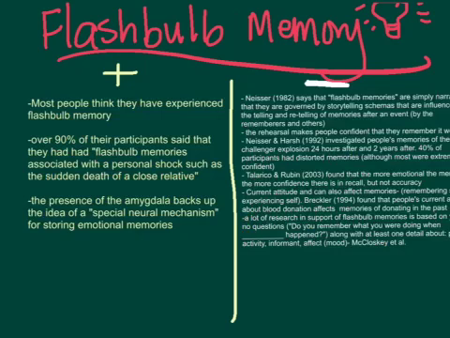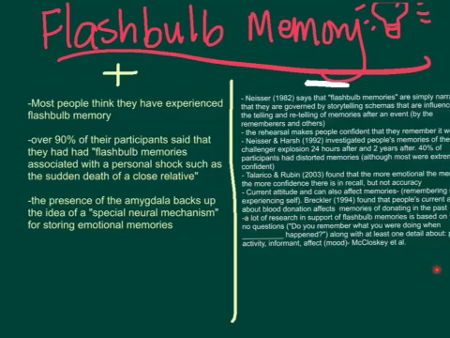Lastly, in a study done by McCloskey et al. at Johns Hopkins University, they also found that a lot of the research in support of flashbulb memories, so most of Brown and Kulik's research, is based on yes or no questions. So they actually were asking people, do you remember what you were doing when this happened? And then if the person says yes, then basically they're saying, wow, yes, this person has flashbulb memory because they said yes, they remember what they were doing.